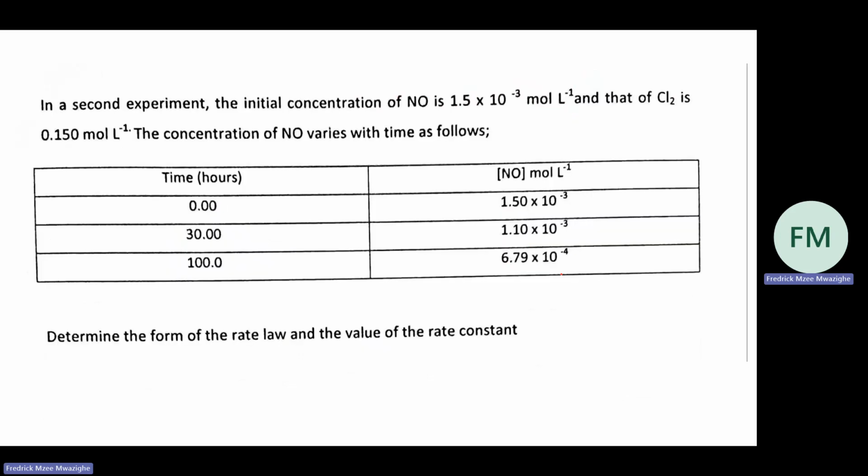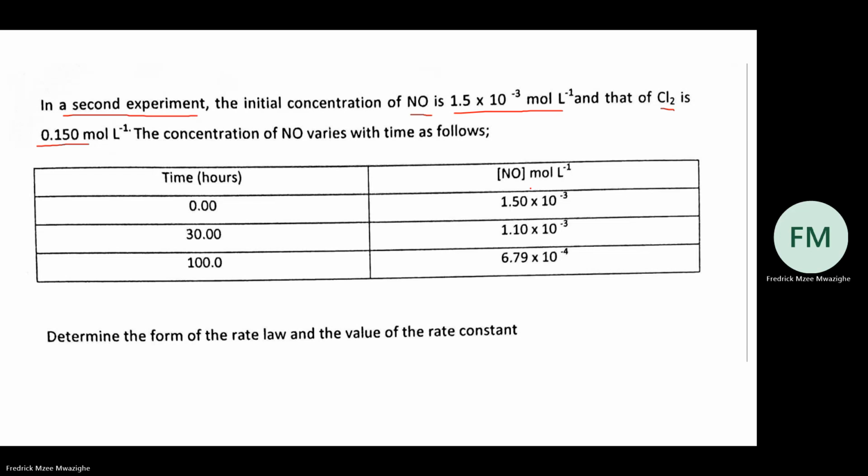And then there's a second experiment where the initial concentration of NO is 1.0 times 10 to the power minus 3 moles per liter, or molar, and that of chlorine is 0.150 molar.